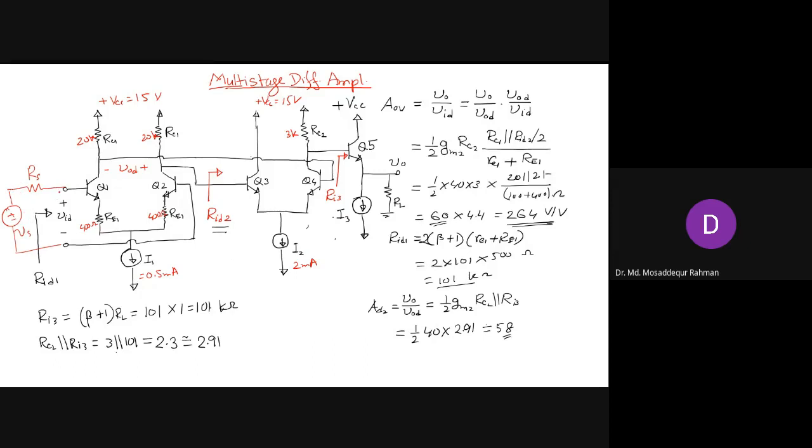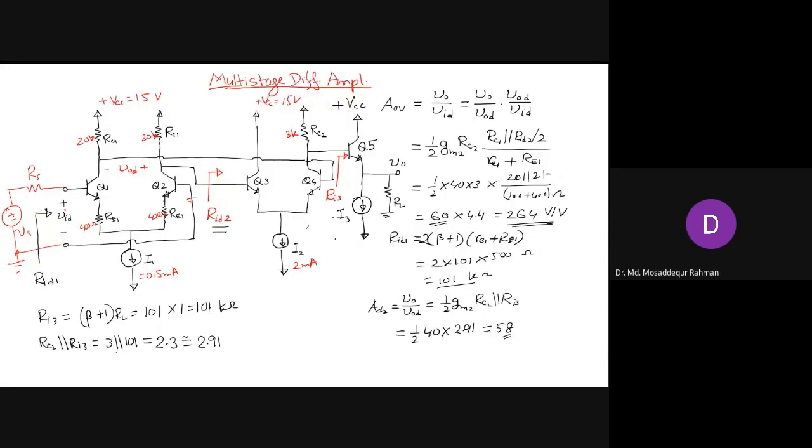Usually the differential amplifier takes the difference, so the source will have ground, so this will go to ground. The positive terminal is connected to this side, and negative is grounded, and that means you also ground this part, so you don't need to actually connect here, because they both go to ground.